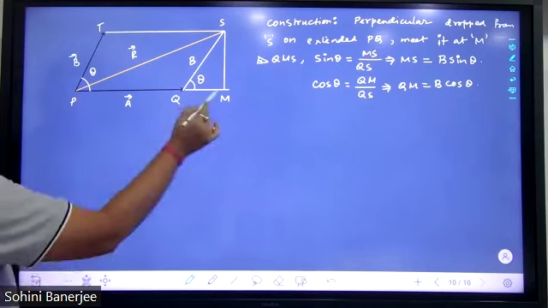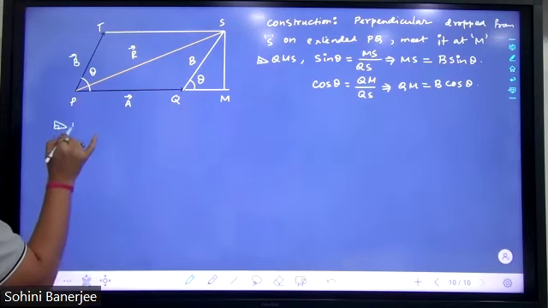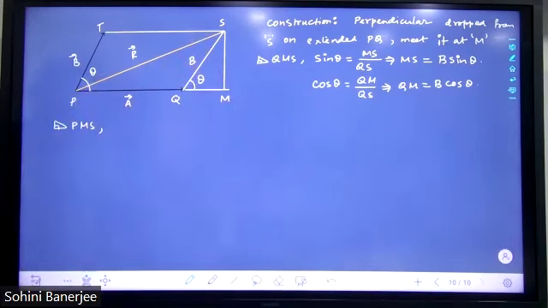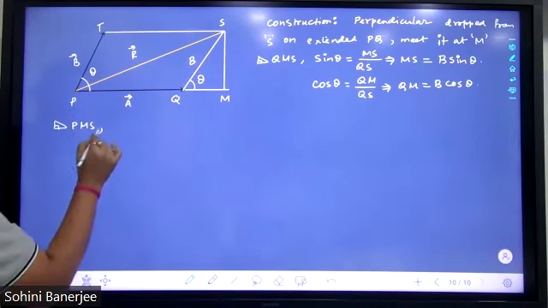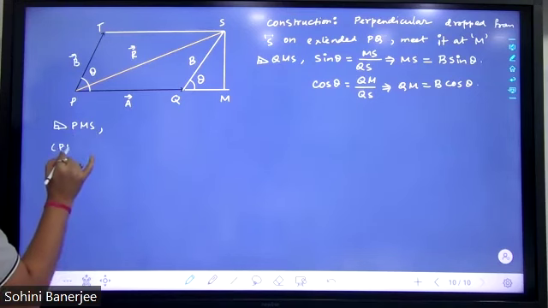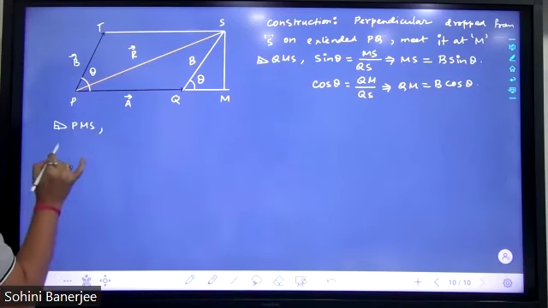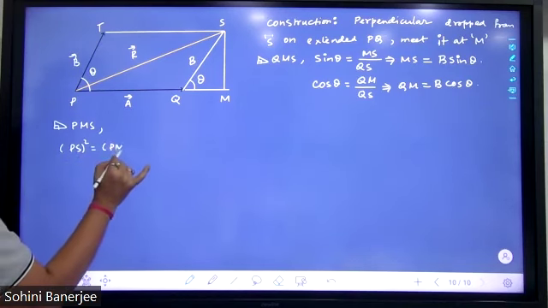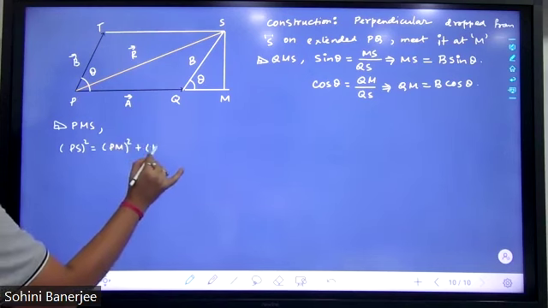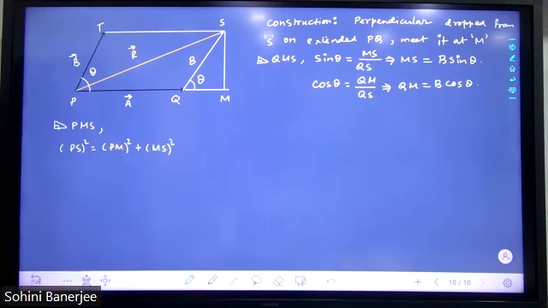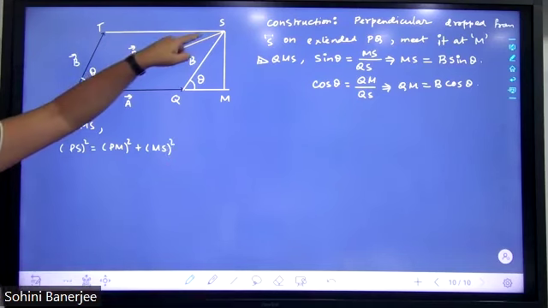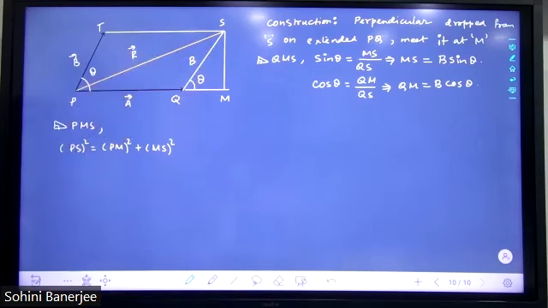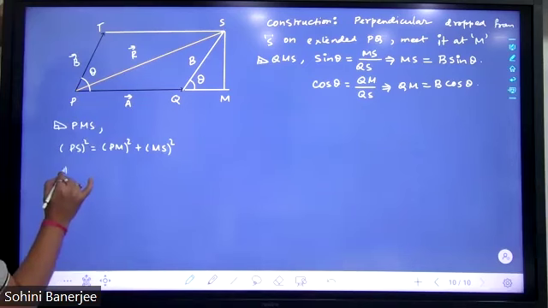So now let us get into this right angle triangle PMS. PS is the hypotenuse. PS square equals PM square plus MS square. Pythagoras. So PS is the resultant R only.